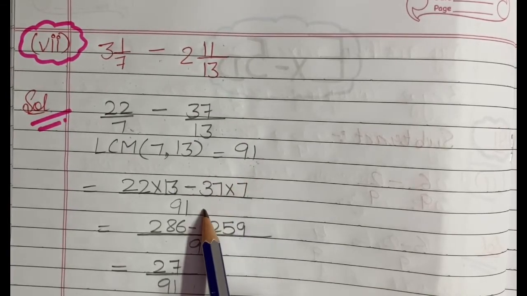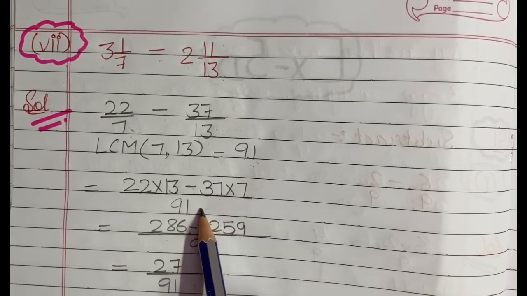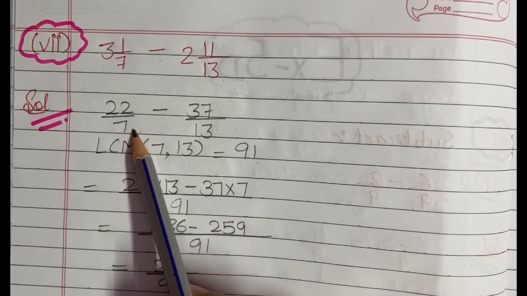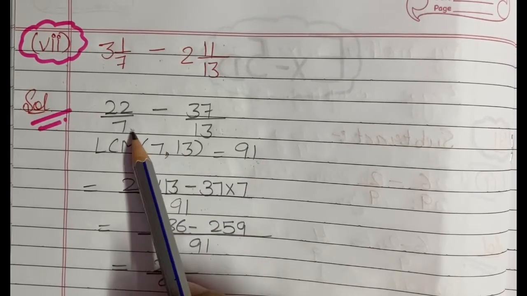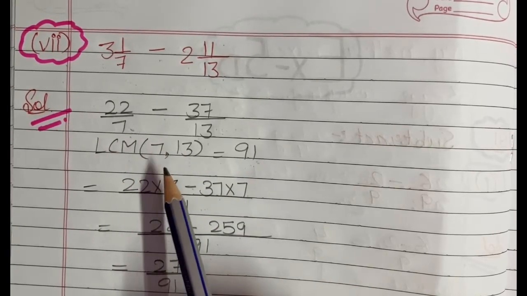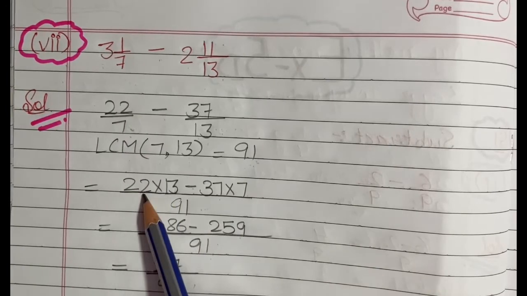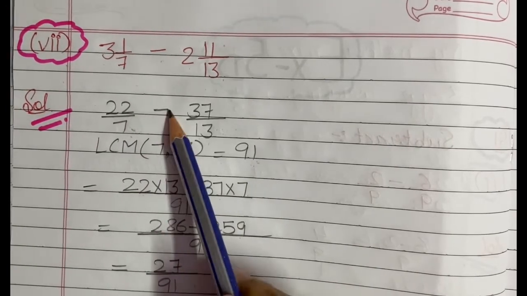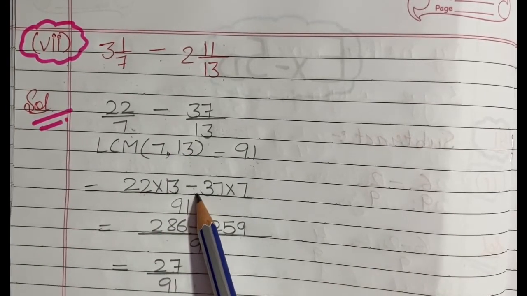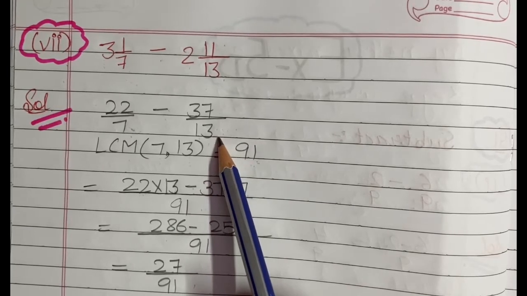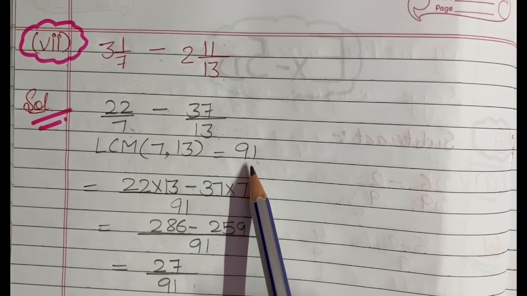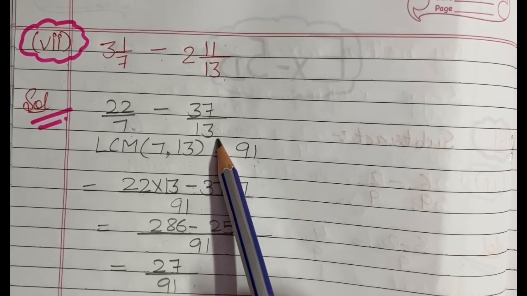Now students, in the next step we will write 91 in the denominator, and here see the denominator of the first fraction, and that is 7. And students, on dividing 91 by 7 we will get 13. So we will multiply this numerator 22 by 13. Now this minus sign will be as it is. Now students, here see the denominator is 13, and on dividing 91 by 13 we will get 7.